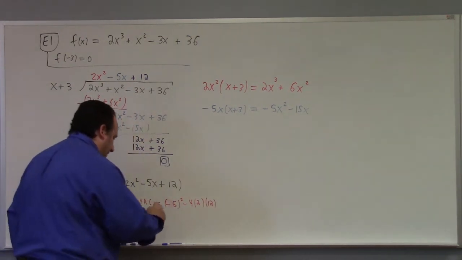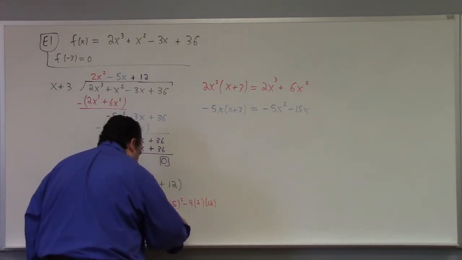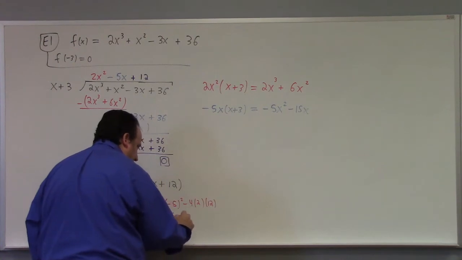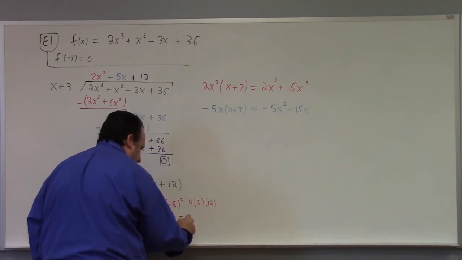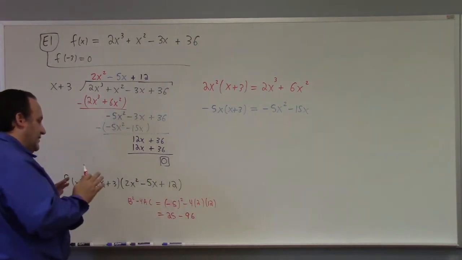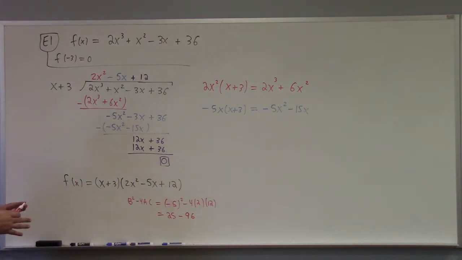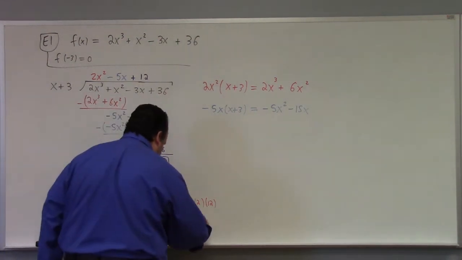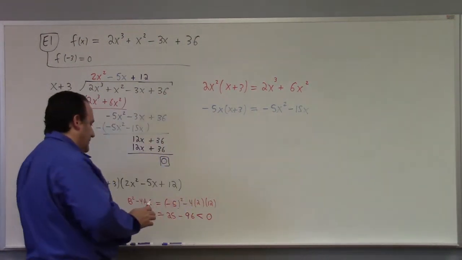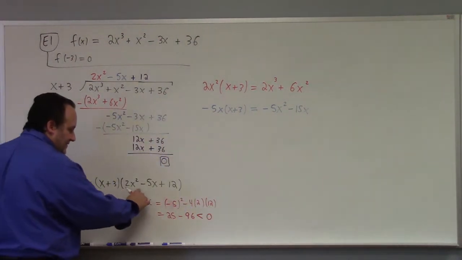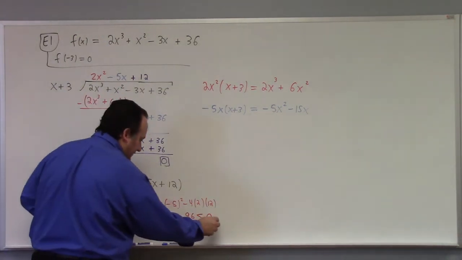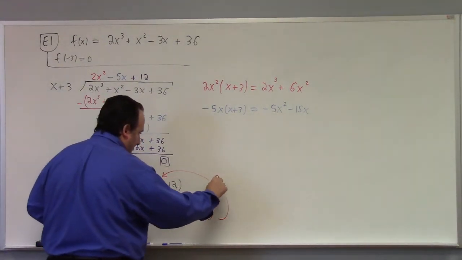So that's 25 minus, whoa, that's a big one. What's 8 times 12? 96. So pretty clearly that is less than 0, and since that's less than 0, this is prime.